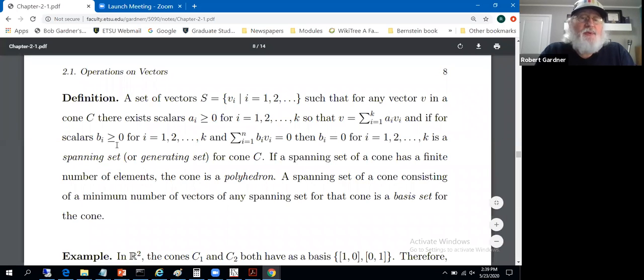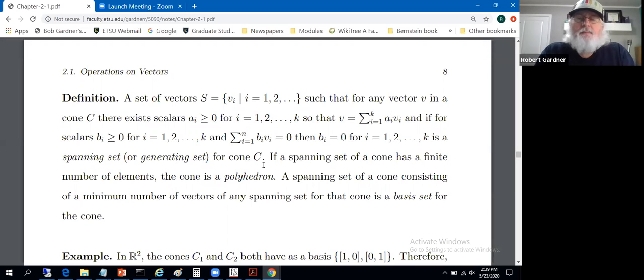And if, for non-negative scalars b sub i, the sum of those same vectors equal to 0 implies that the b sub i's all must be 0, then this set of vectors is called a spanning set or generating set for the cone.